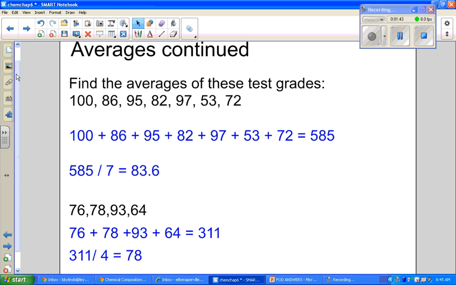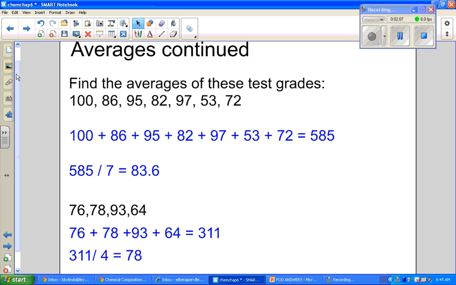Okay, now we can relate this to your grades. Let's say that I as a teacher have these 7 scores as test grades. So I take the 100 plus 86 plus 95 plus 82 plus 97 plus 53 plus 72, and that gets me a total of 585.